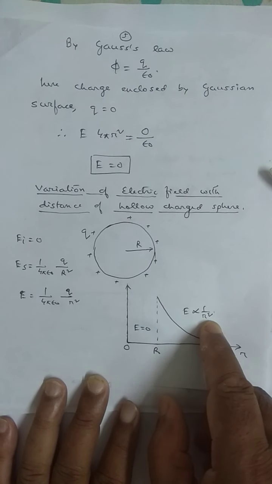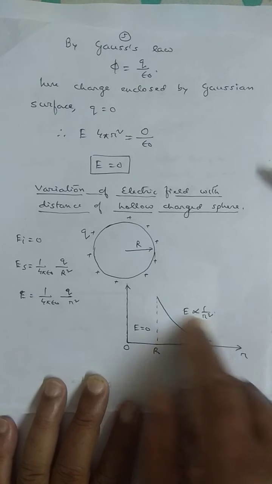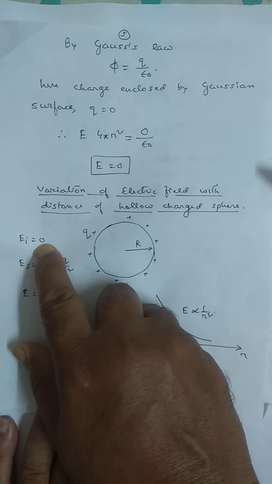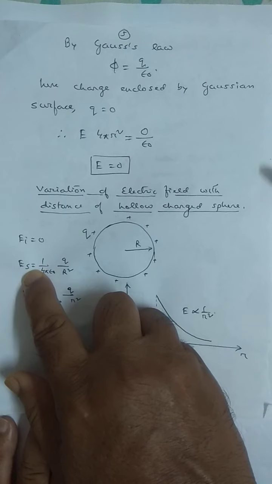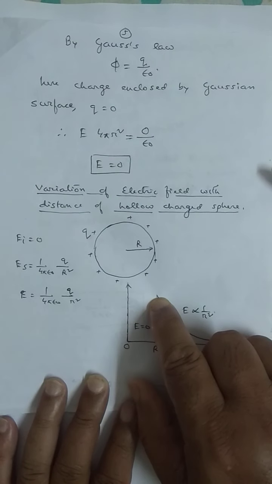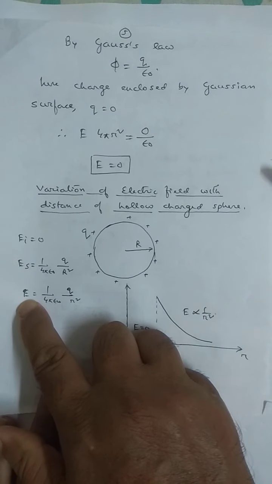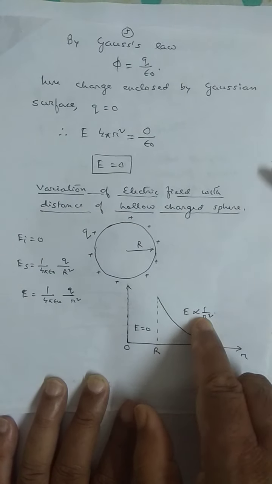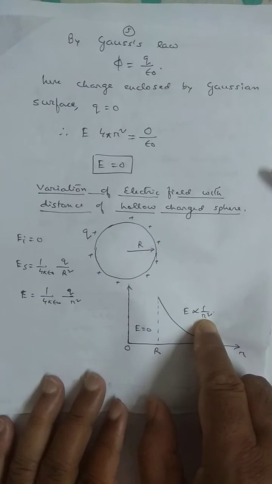That is called the inverse square dependence. We just calculated that at an internal point electric field is 0. On the surface it is Q by R square. So this is Q by capital R square. At an external point it is Q by small r square. So therefore E is proportional to 1 by r square.